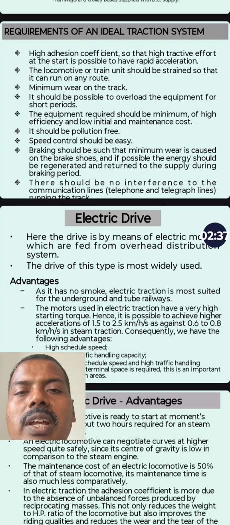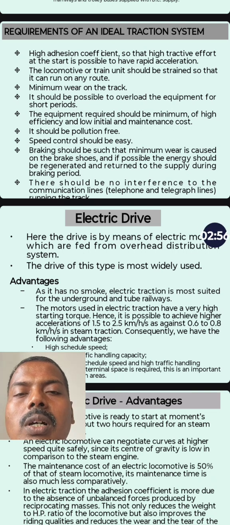Based on the propulsion, the vehicle is moved. The locomotive or train unit should be flexible so that it can run on any route. That is also very important. Then there should be minimum wear and tear on the track. Another requirement is that it should be possible to overload the equipment for a short period.